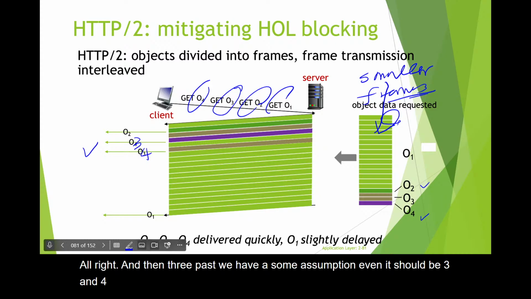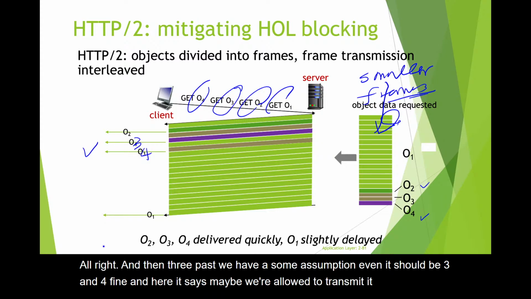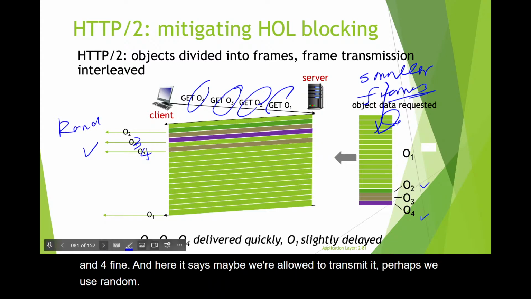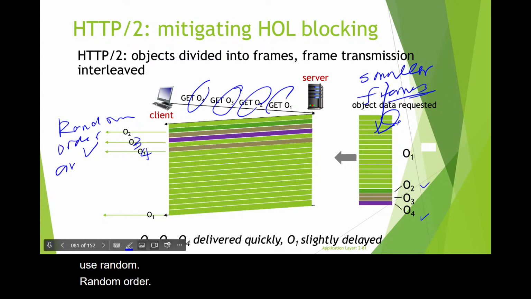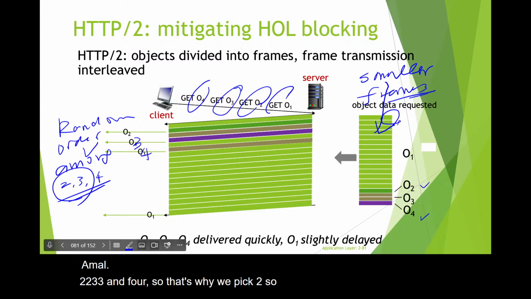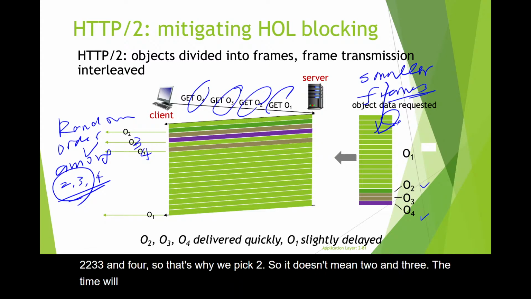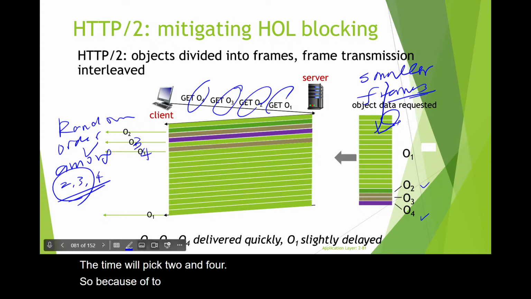Here it says maybe we allow 2 to transmit. Perhaps we use a random order among 2, 3, and 4, so that's why we pick 2. It doesn't mean 2 and 3; this time we pick 2 and 4. So because of 2 and 4, we have this.